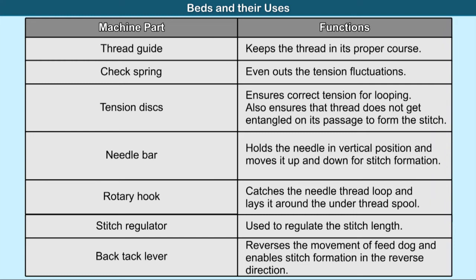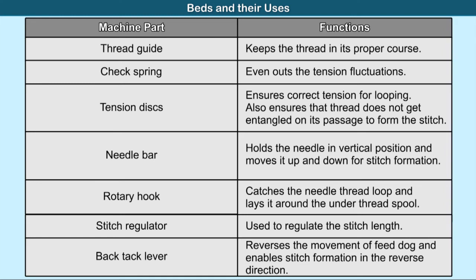Needle bar, it holds the needle in vertical position and moves it up and down for stitch formation. Rotary hook, it catches the needle thread loop and lays it around the under thread spool.